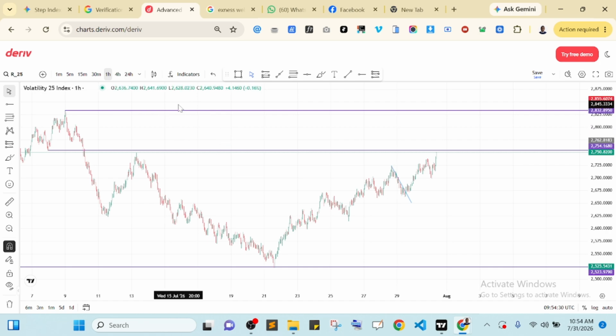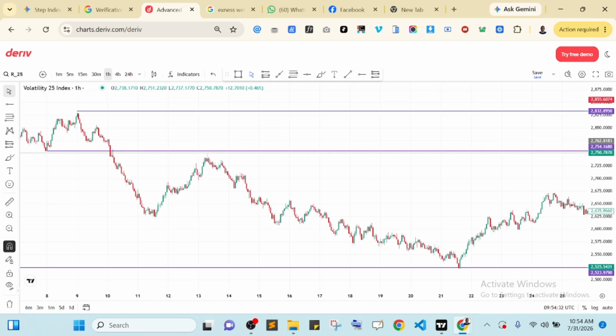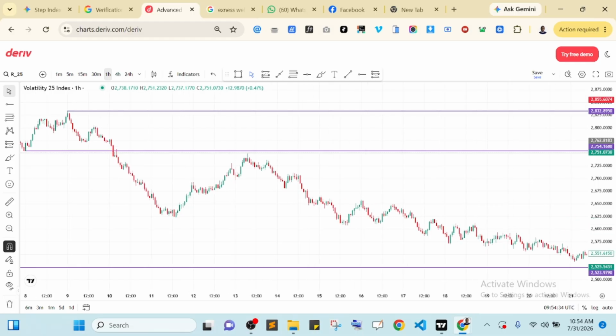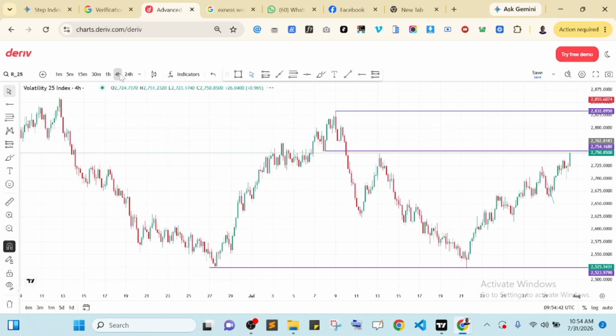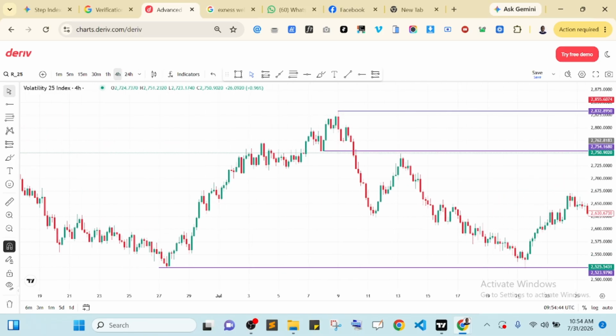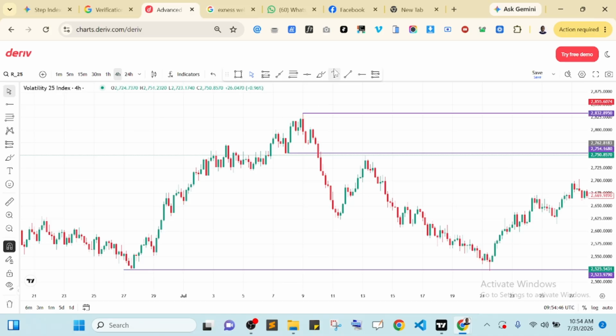So how are you going to do that? So identify an order block here around this region. So you can see that. Okay, let's use 4 hours to determine that. Okay, you can see clearly that this is another engulfing candle.